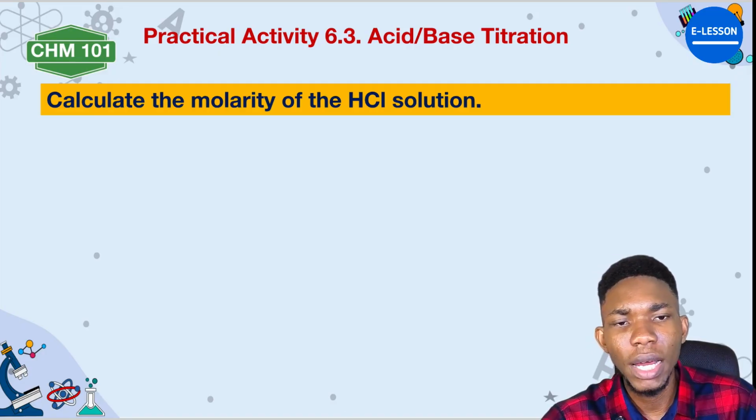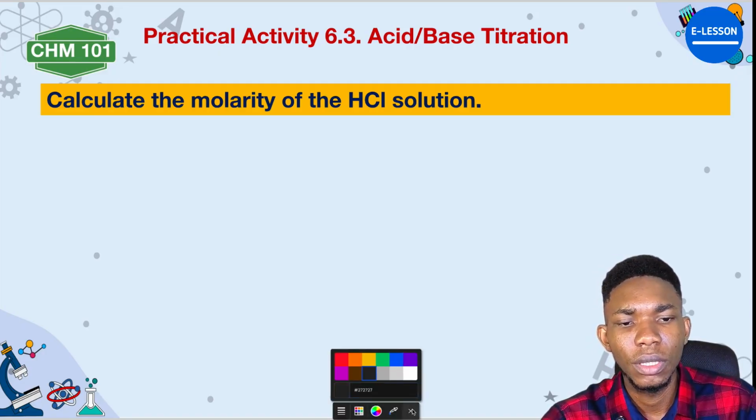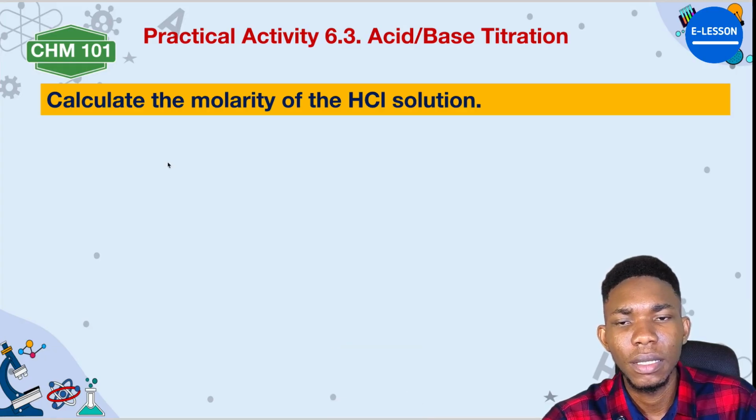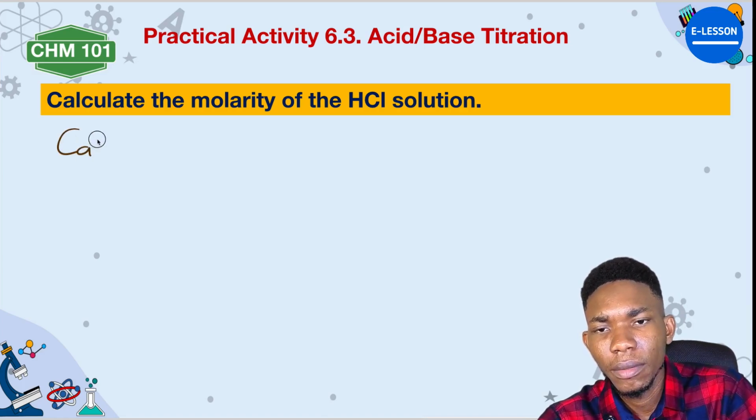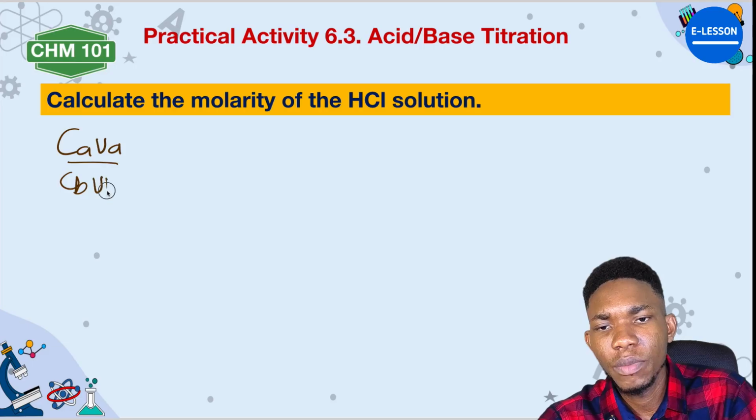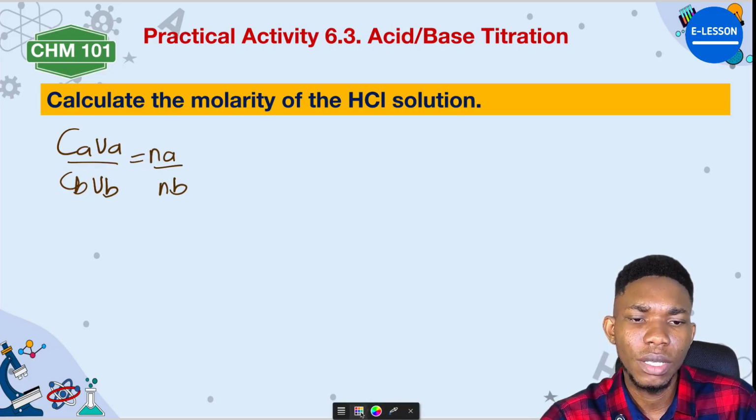Now the next question says calculate the molarity of HCl solution. To do this, you need to write the formula: CaVa over CbVb equals Na over Nb, my dear student.